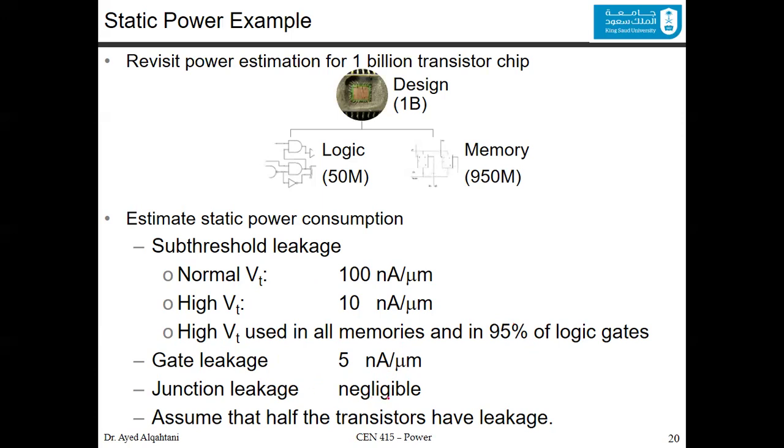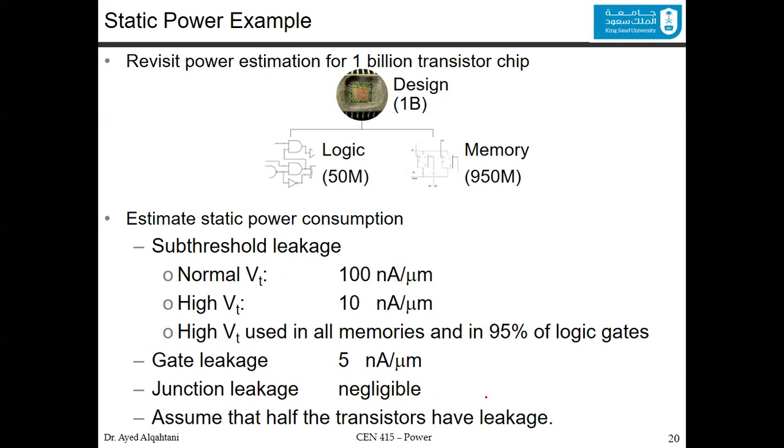For the junction leakage, we neglect it, so it's negligible. So we will make an assumption. This is actually a very important assumption that you need to understand, that we will assume that half the transistors have leakage and half the transistors don't have leakage, meaning the subthreshold leakage and also the gate leakage, both of them.